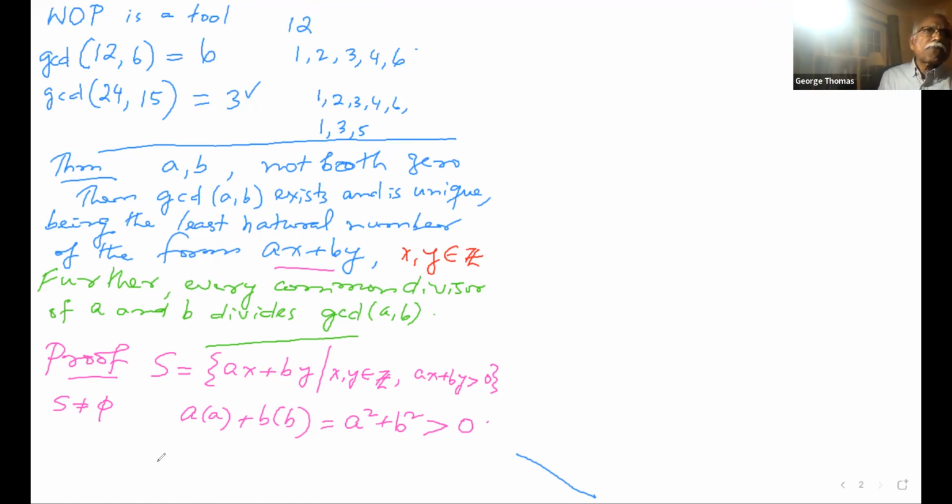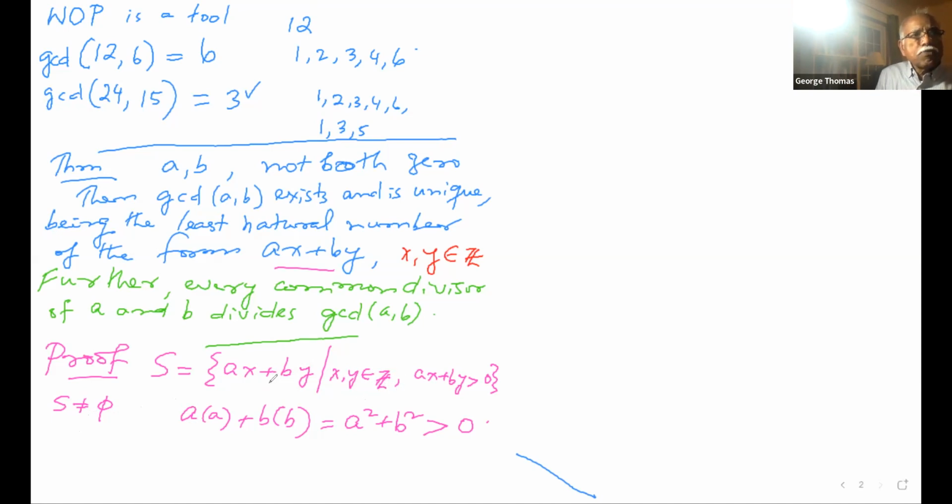This is the first step in the proof, showing that this set is not empty, because only then can we apply the well-ordering principle. Is this set empty? No. Can you find an element that looks like this? For some X and some Y, you are free to choose from all over the integers.